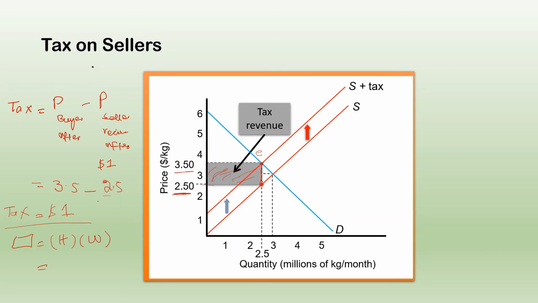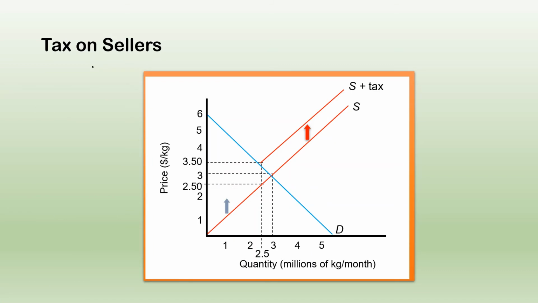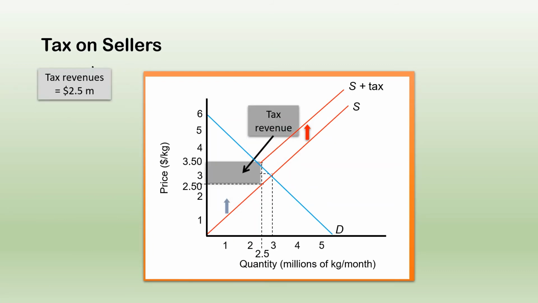So it is equal to 3.5 minus 2.5 times the width. But what is the width? It is 2.5. So it is going to be 1 multiplied by 2.5, and the tax revenues are equal to $2.5 million. Okay. So the tax revenues in this market are equal to $2.5 million.